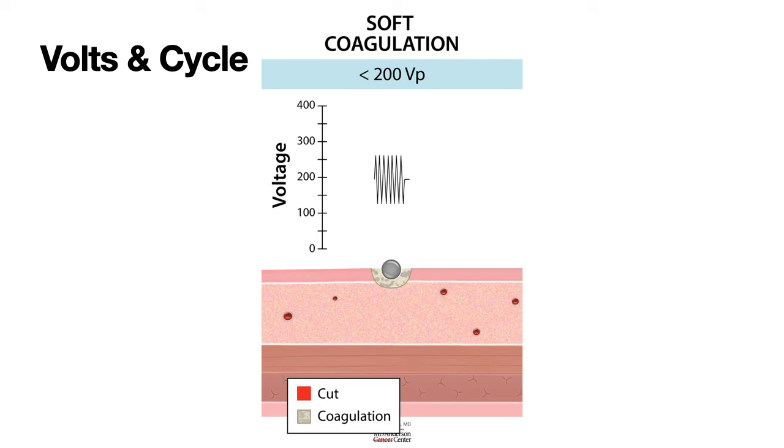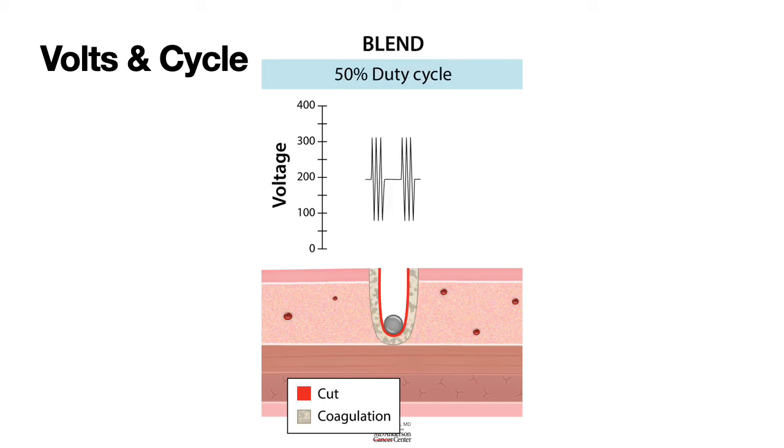If it goes beyond 200 peak volts and the cycles are continuous, it results in a pure cut. So less than 200, more than 200: soft coagulation, pure cut. On the other hand, if there is interruption in the cycles, where only 50% of the cycles are active, it is known as 50% duty cycle, and that results in not only cut but also some coagulation as the tissue cools down and then tries to heat up slowly.